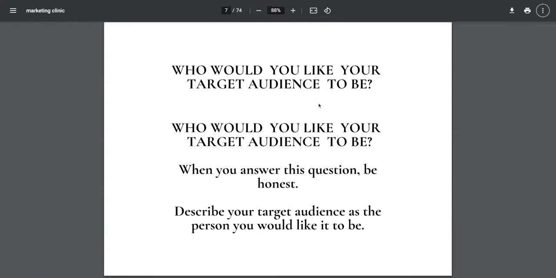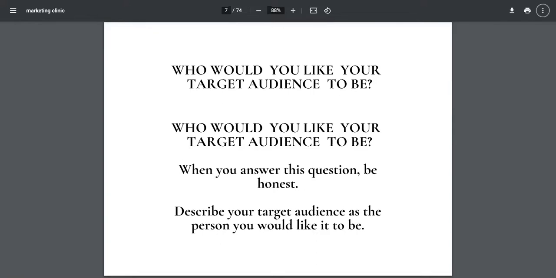The next question is, I apologize, I've written that twice there. Who would you like your target audience to be? When you answer this question, answer it very honestly, because the worst thing for anyone to hear, for myself to hear especially, is when a person says anyone. Now, anyone cannot be your target audience, because anyone will not fit in your price range.